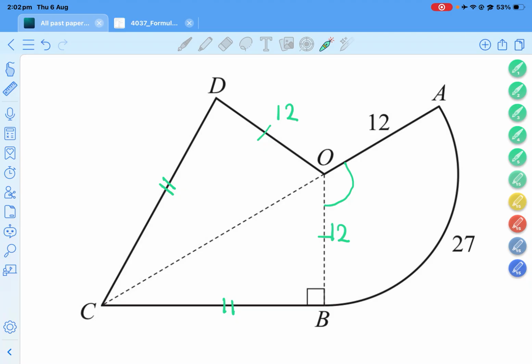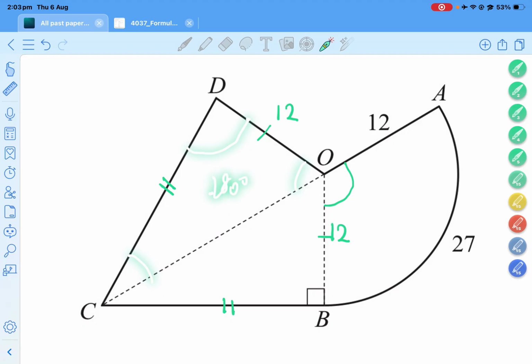Since there's a right angle over here, and the sum of angles in a kite is 360, I could say that this angle and this angle are together 270 degrees, whereas these others are 180.